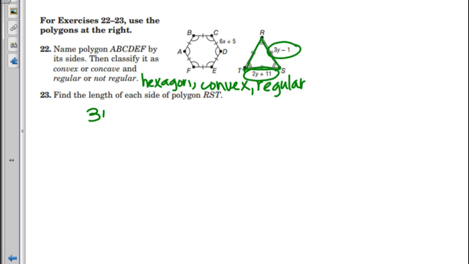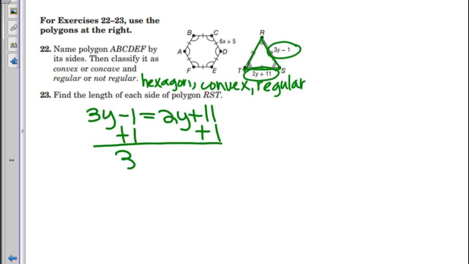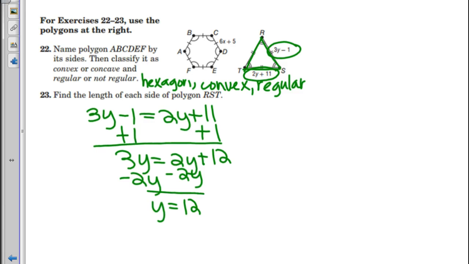So let's go ahead and set those equal to each other. We'll add 1 to both sides. So 3y equals 2y plus 12. Subtract 2y from both sides, and y equals 12. That is not the length of the side, though. That's just the value for y.